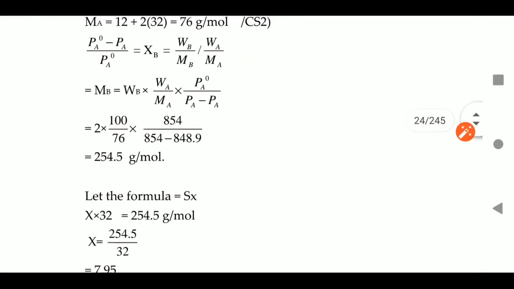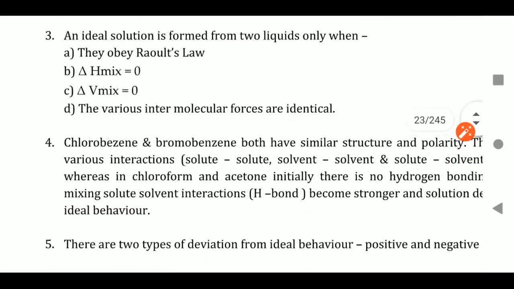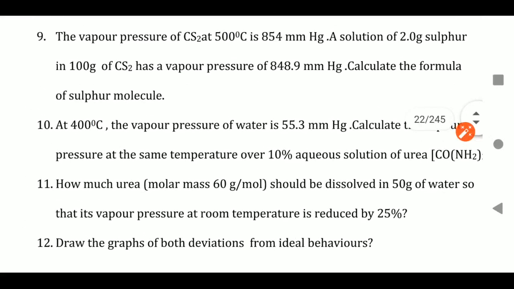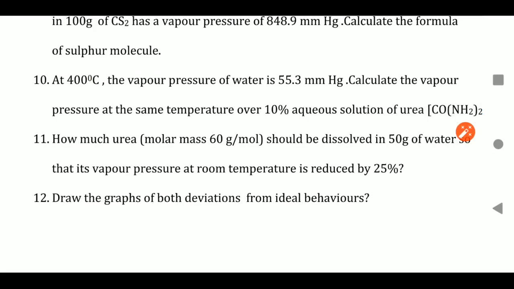Question number 12. Read here, study here at this one. What was this one? Okay. So what is here? P naught is given to you. No, it was not the numerical. So again I need to check what was the numerical number. It was a 10. Not 10. Which one?